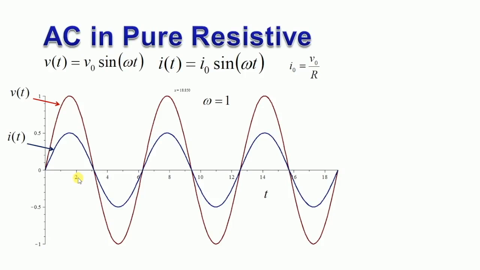So the current is less than the voltage levels because it is V0 upon R. So if we consider V0 equal to 1 volt and value of resistance something greater than 1, then I0 will be less than V0 on the scale, whereas we have time on x-axis.